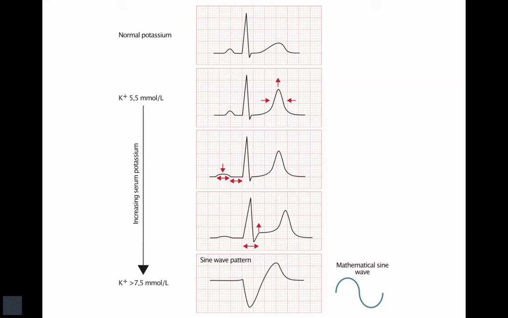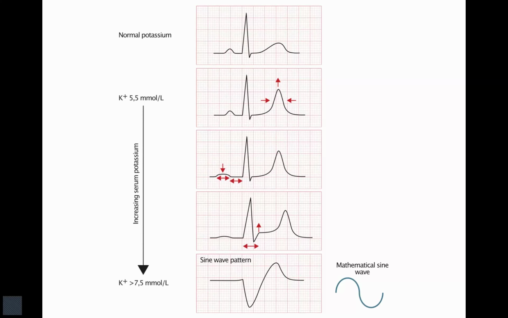If we go along this progression, the first tracing is a normal potassium, and then you're getting some peaked T waves. People will frequently describe those peaked T waves as looking like the Eiffel Tower, with that kind of sharp peak on it. In the third tracing you see the flattened P and the lengthening of the PR interval.